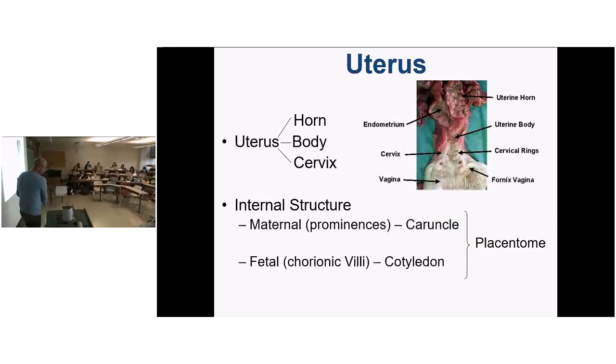So these prominences that you saw, for example, in the cattle, which is one example, and this visually is very good because you have these little dots all spread. You call those caruncles. Okay. The actual counterpart for the fetal side we call cotyledon.